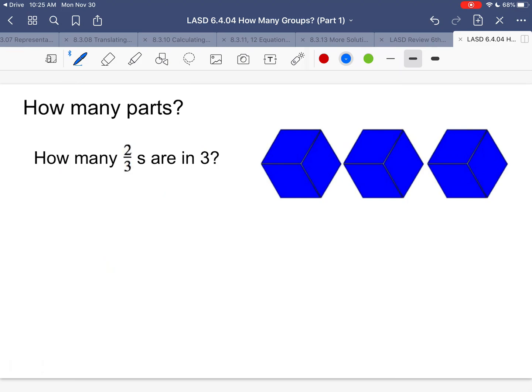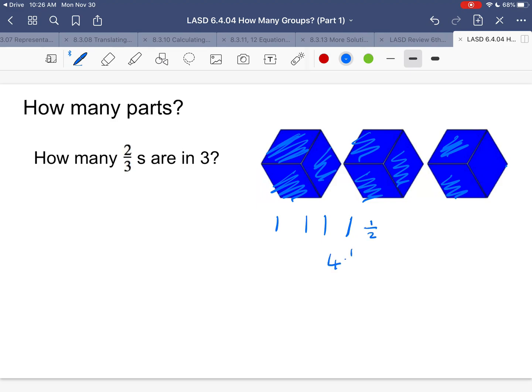How many 2/3 are there in 3? So I've got 2/3. Here's that 2/3. So I've got 1. That's another 2/3, the second one, third one, a fourth one, and I've got half of another 2/3. So I've got 4 1/2 2/3s in 3.